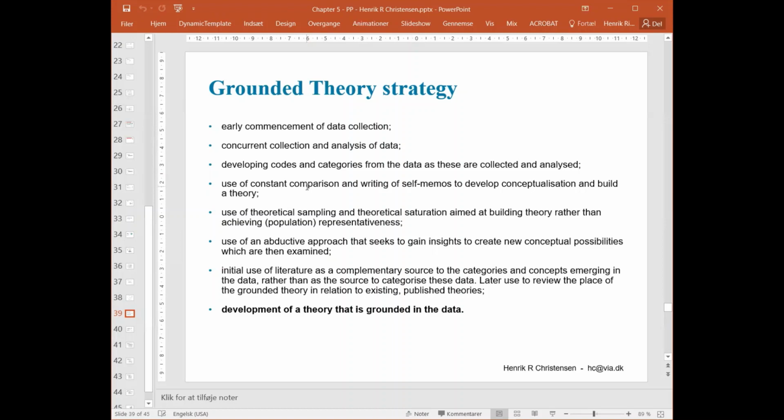You make sure that you write down memos for yourself, you write down what you have been doing. So you're documenting with the intention of, in the end, to be able to develop a theory that is grounded in these data. I would say it's not likely that you as BCM guys will be facing this kind of strategy, but now you know that it exists.